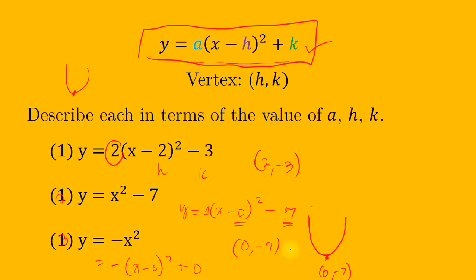It tells us that the graph opens downward, and the vertex is at (0, 0), the origin. So the vertex is there and it opens downward.